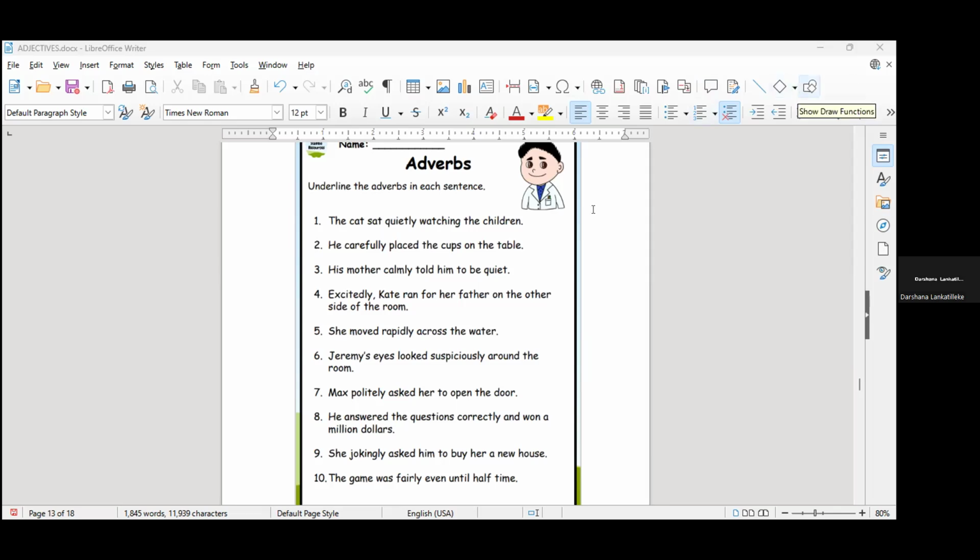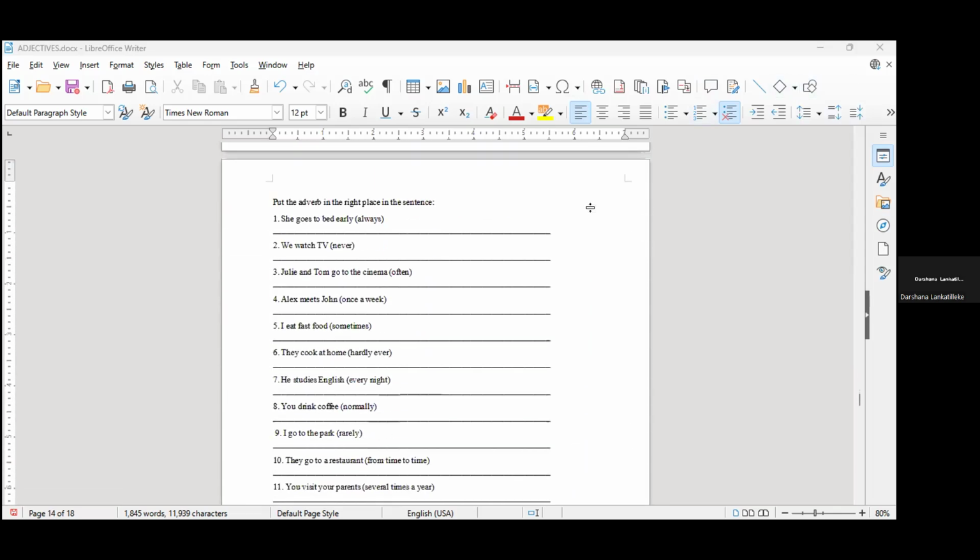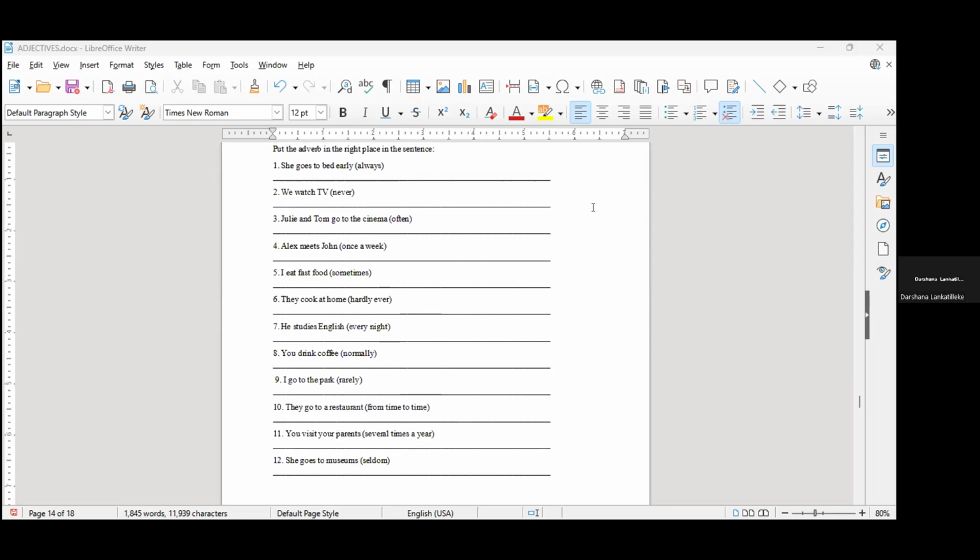Then another task is there. 12 questions are there. What you have to do? Put the adverbs in the right place in the sentence, right? Think what kind of adverb that is.